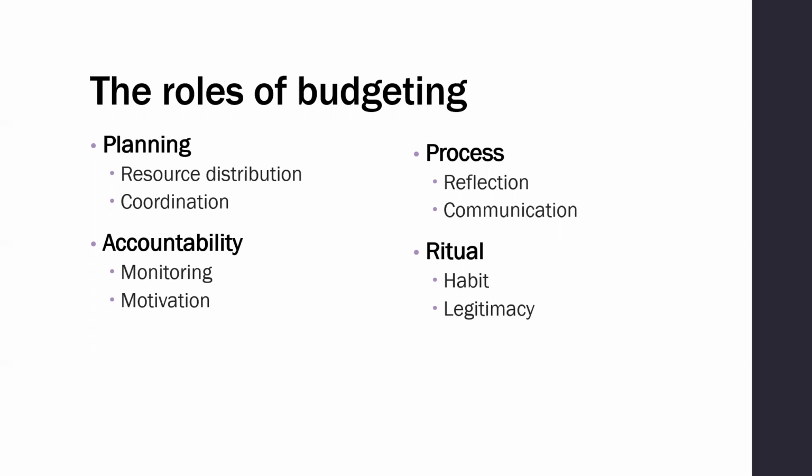But if you're giving them so little, they can only achieve so much. So sometimes the budgeting process is also an important process to calibrate the strategy of an organization. Baka naman masyadong grand yung strategy natin, we cannot afford it. So a very important role of budgeting is planning, in terms of resource distribution.